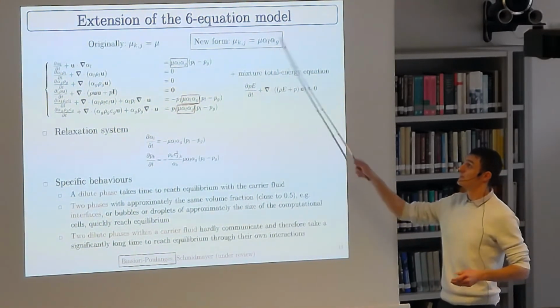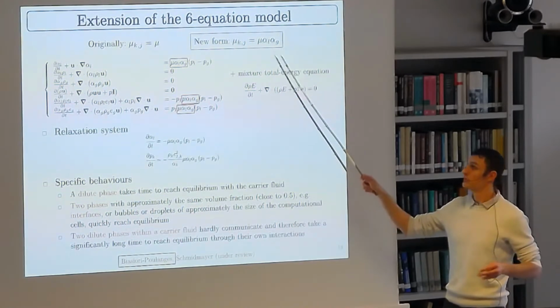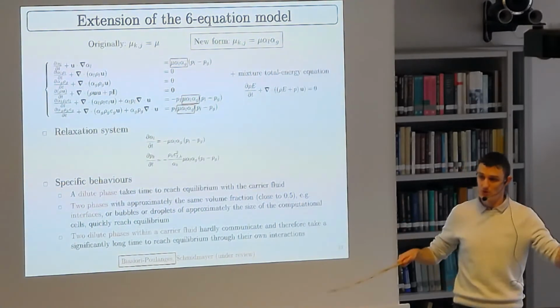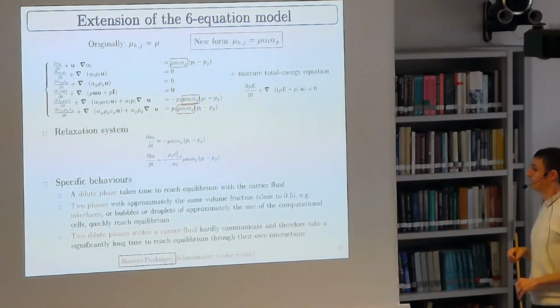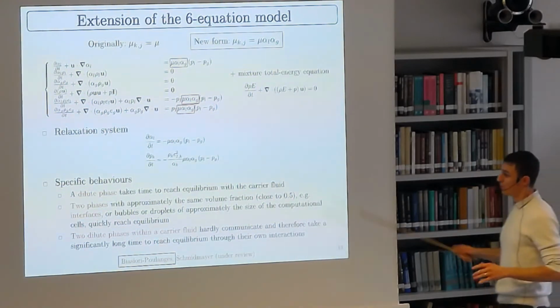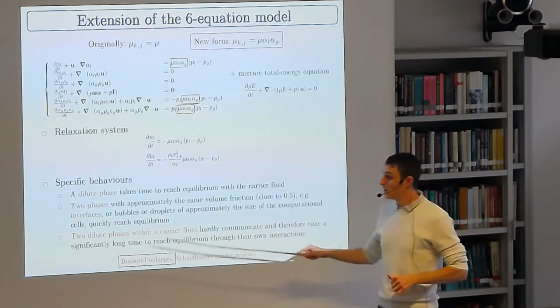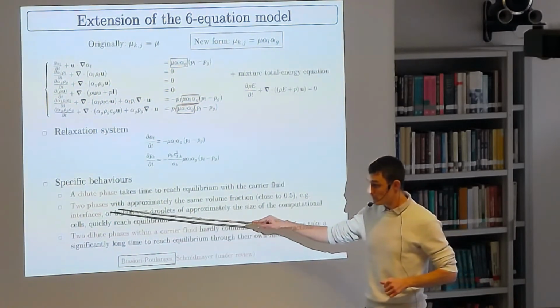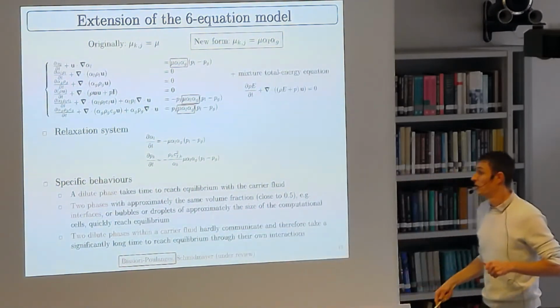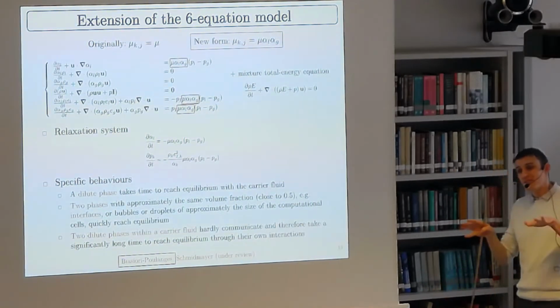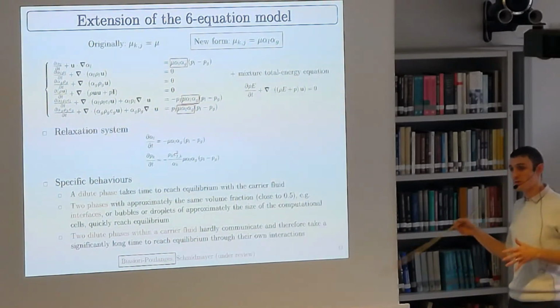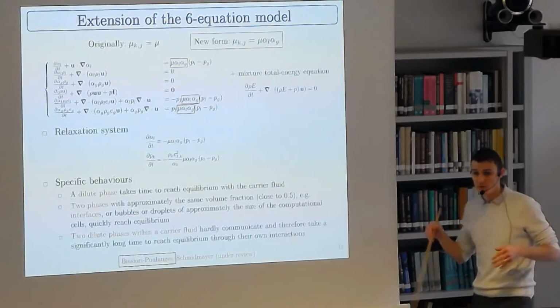Then this term is about 10 to the -6, because the other alpha is 1 minus that. Now say the two phases have approximately the same volume fraction, so it's equal to 0.5.